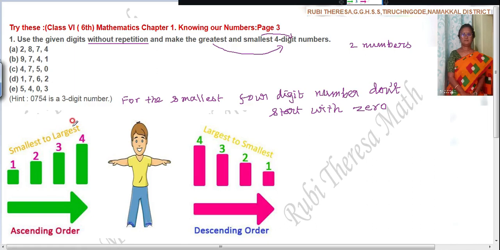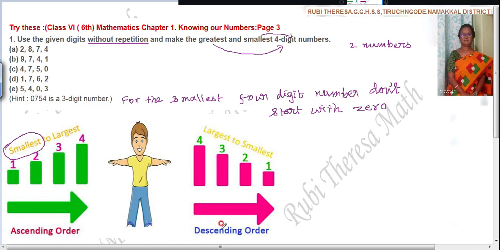That means you will be able to form the smallest number when you are writing in ascending order.